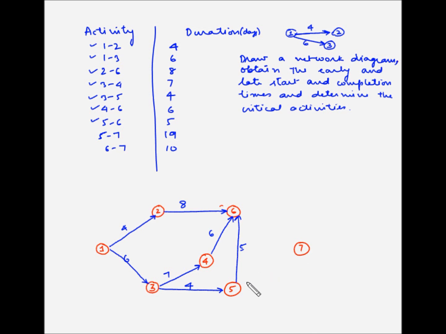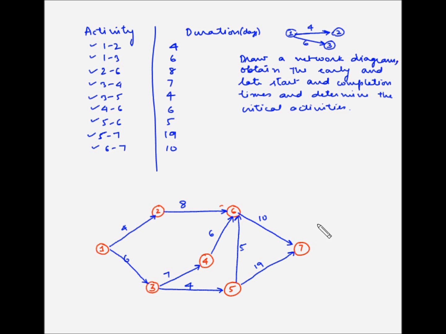And now we'll draw the activity 5-7, which has a duration of 19 days. Next activity is 6-7. This has a duration of 10 days. So now we have completed drawing all the activities and we are showing the duration of each of these activities.